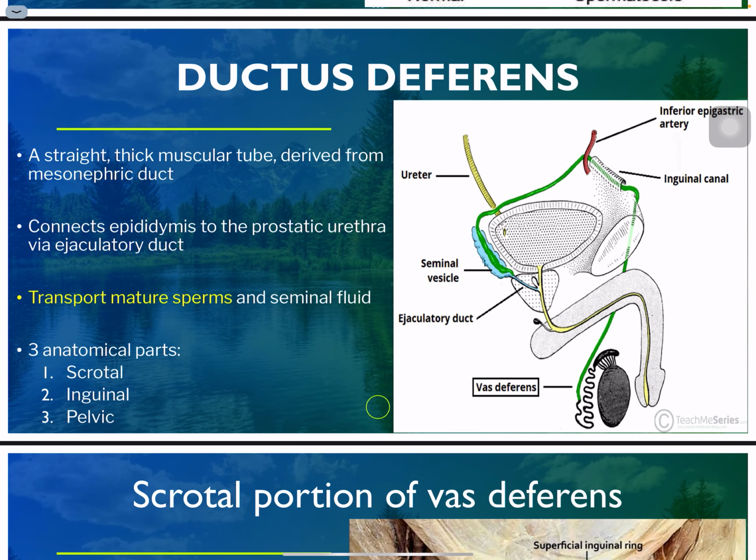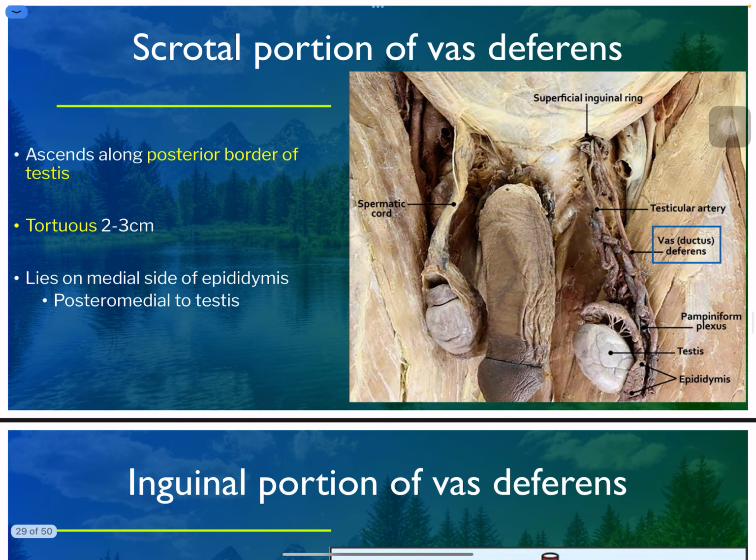Got three anatomical parts: the scrotal part, the inguinal part, and also the pelvic part. Okay, scrotal part. The vas deferens ascends along the posterior border of the testis and is tortuous. Okay, ingat, the scrotal part of the vas deferens is also tortuous. Bukan straight tubule, it's also tortuous.